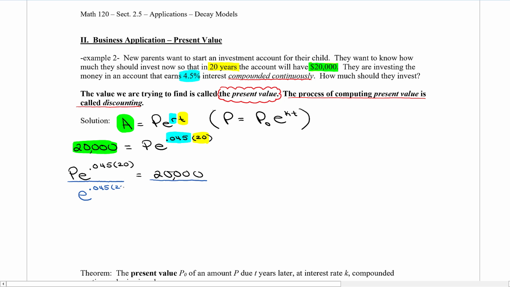On the left-hand side, the e raised to the 0.045 times 20 power will cancel out, and I'll be left with P equals 20,000 times e raised to the negative 0.045 times 20 power.